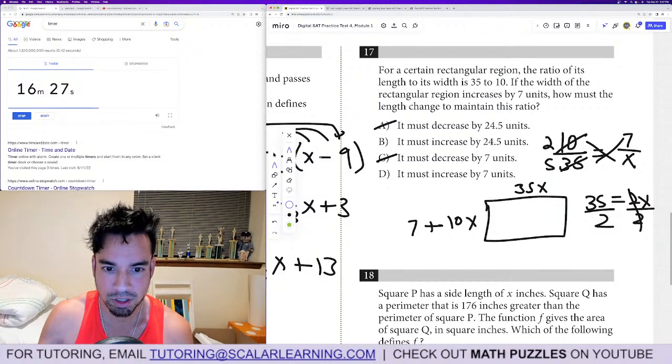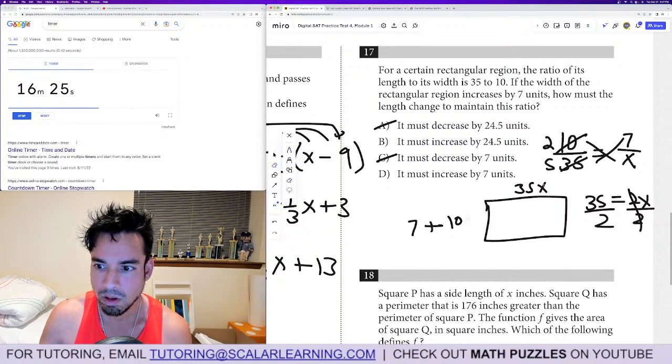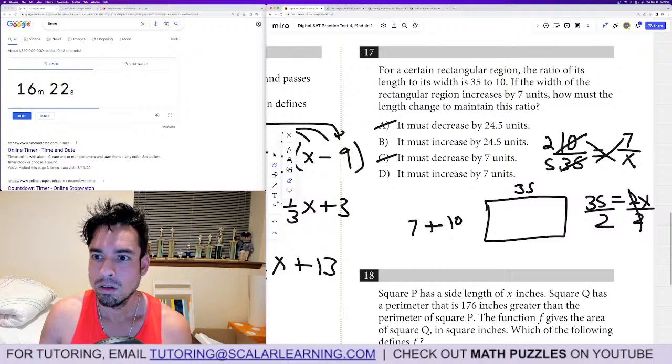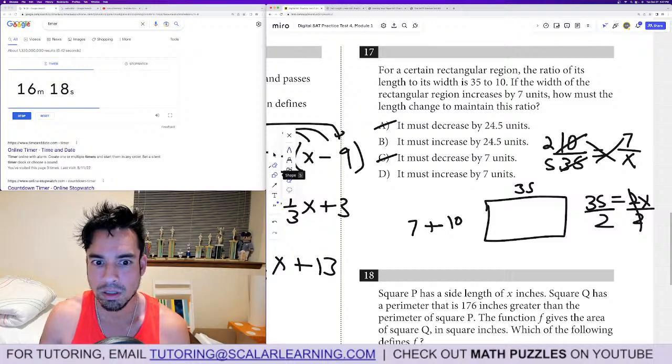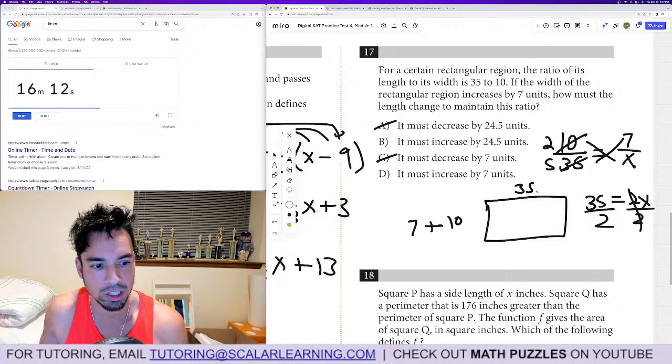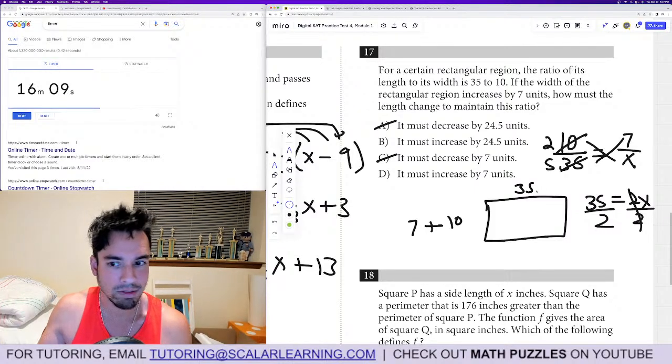Let's just pretend for a second. And then the width of the rectangular region increases by 7 units. They mean plus, right? Because then it would be 17. You can't make that 42, because then it would no longer be a 5 to 2 ratio.